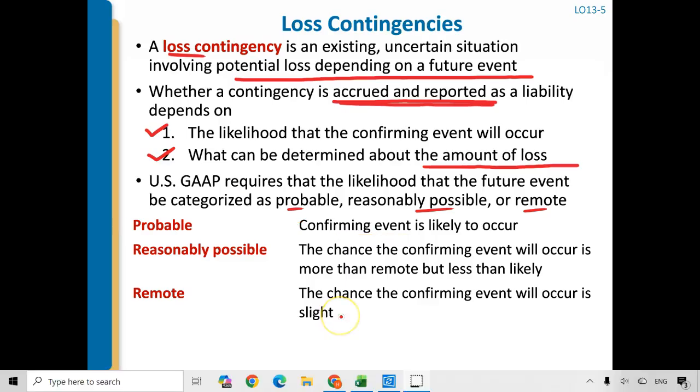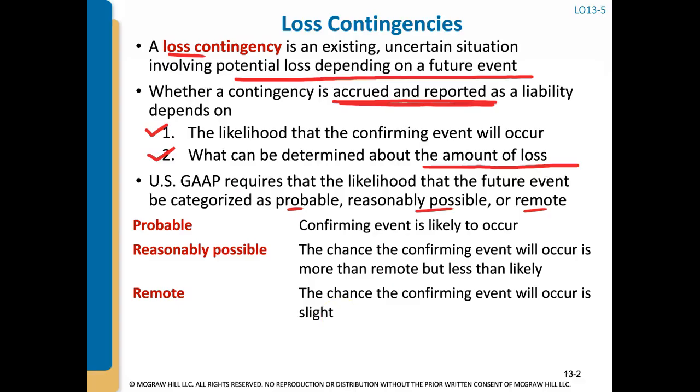If the chance of the event happening is slight, so there's a very slight chance that you'll lose that lawsuit, a very slight chance that the IRS will win their claim for $500 million, then the likelihood of the future event is considered to be remote. Reasonably possible is somewhere in the middle.